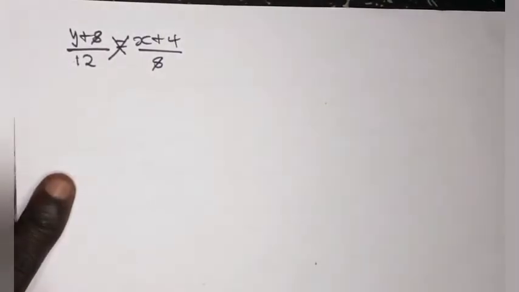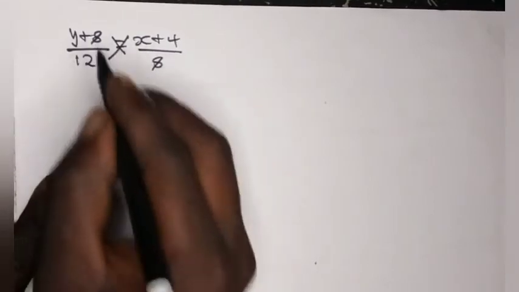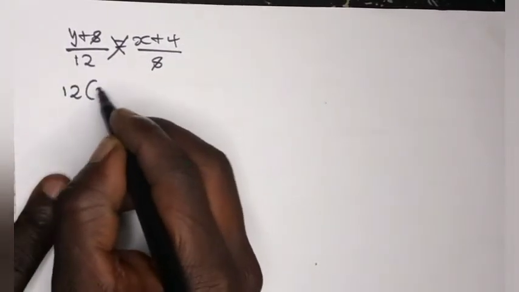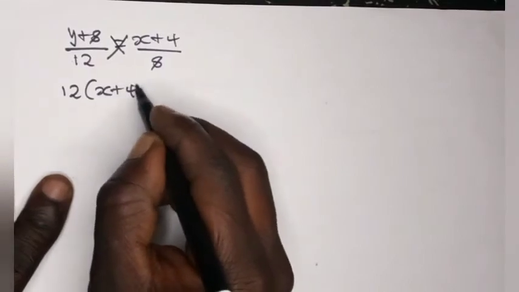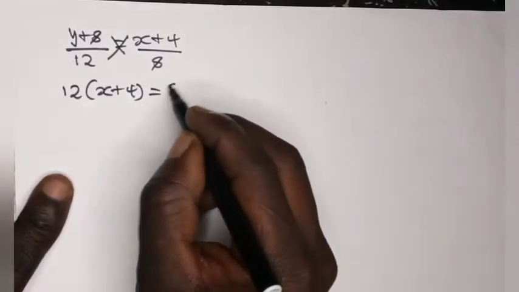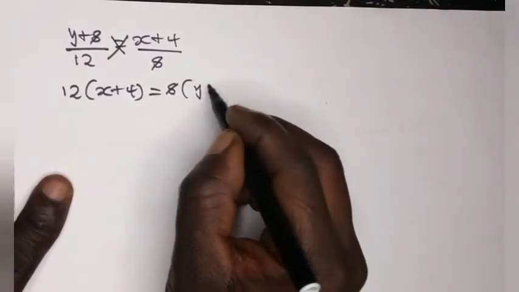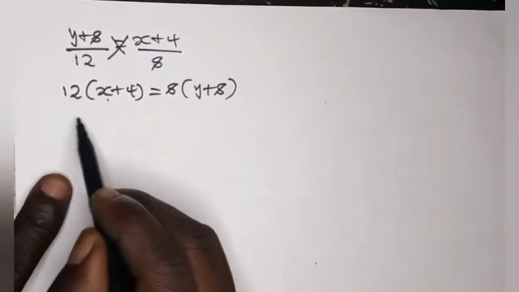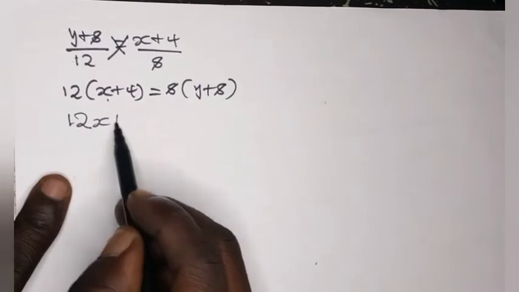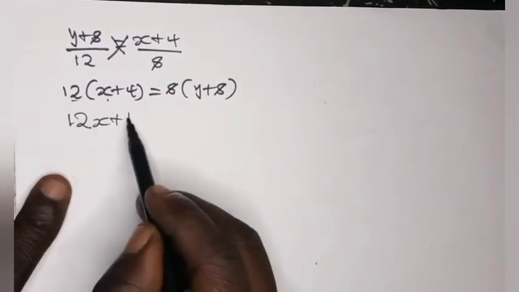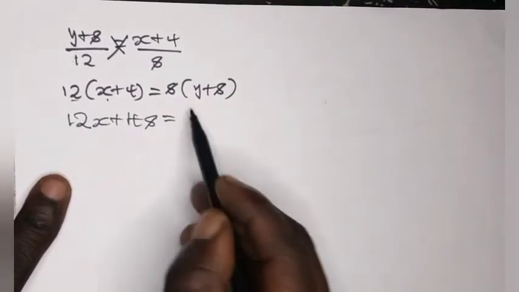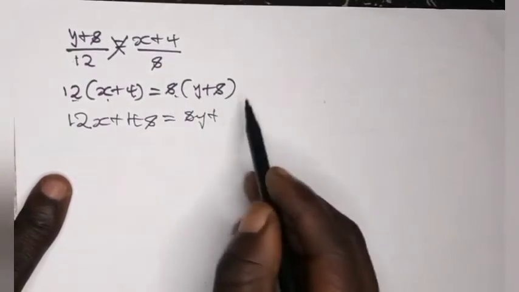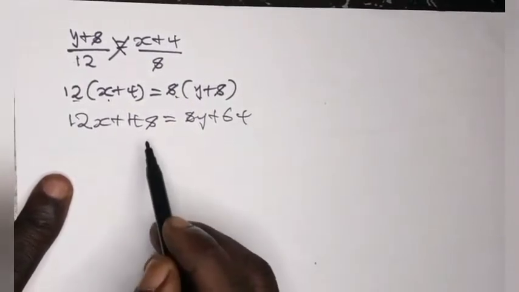So when we cross multiply, we are going to get 12(x plus 4) equals 8(y plus 8). 12 times x is 12x, plus 12 times 4, which is 48, equals 8 times y, 8y, plus 8 times 8, which is 64.